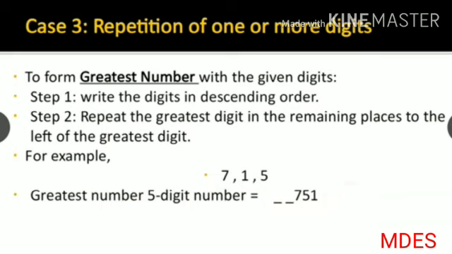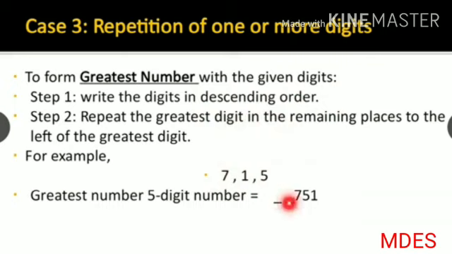First of all, arrange these digits in descending order like we have done in case 1 and 2: 7, then 5, then 1. Now which one is the greatest digit out of these 3 digits? Yes, 7.